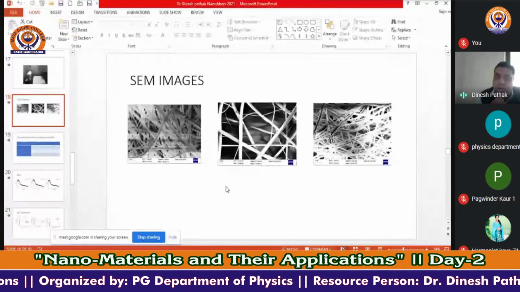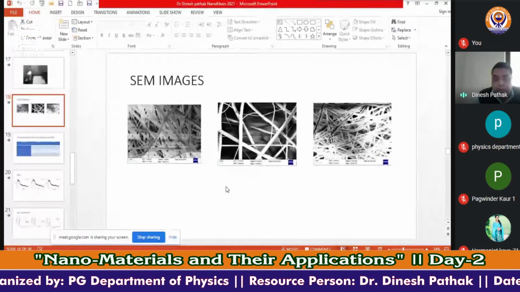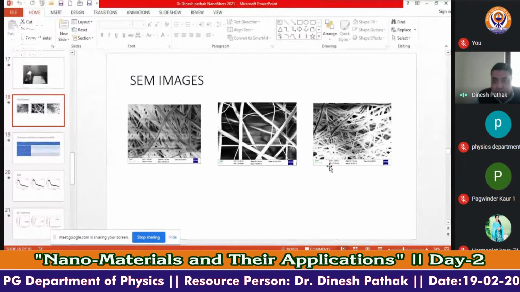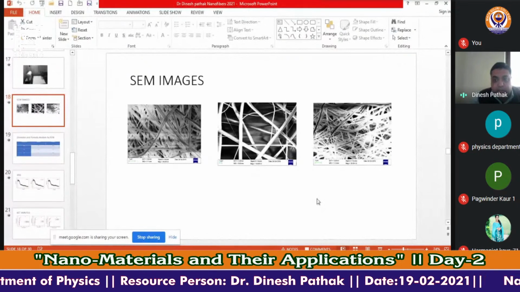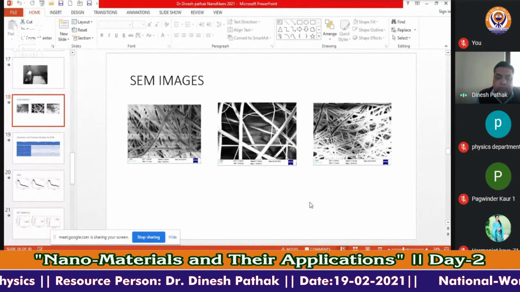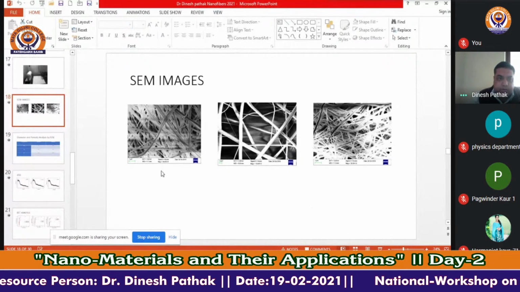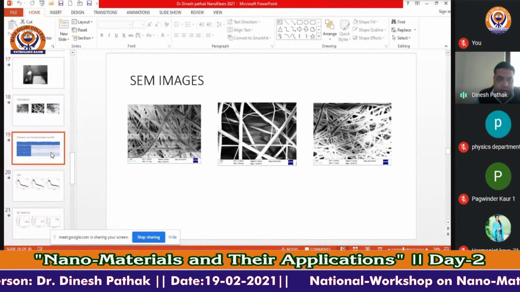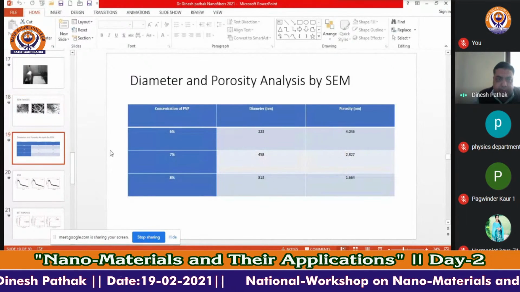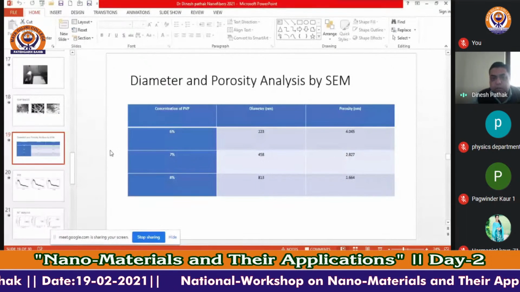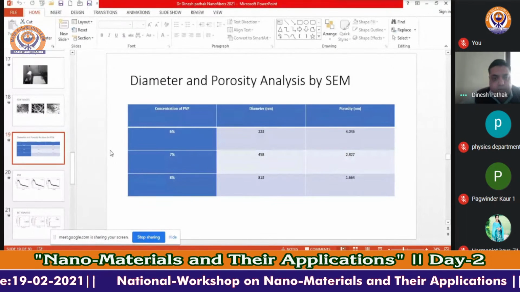So if you have a nanofiber structure with porosity less than 100 nanometer, the coronavirus will not penetrate to your mouth, and that can save you. That can prevent the passage of novel virus infection.